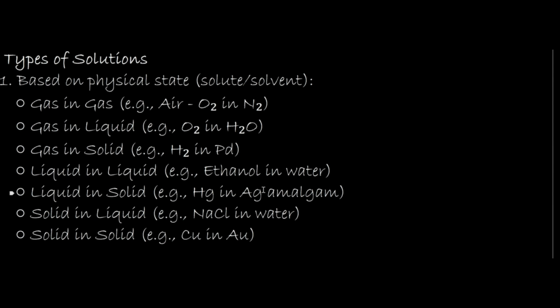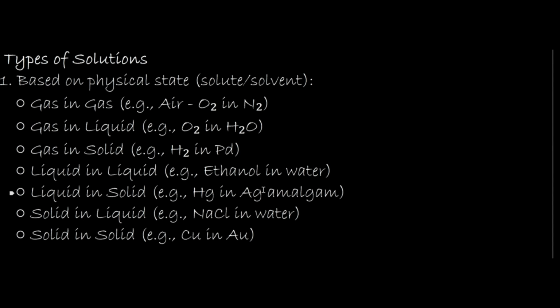Just think about the components and answer accordingly. Okay. And finally, we have solid in solid. Alloys, right? We are mixing gold with copper, or gold with silver, to prepare an alloy, to prepare jewelry. So that is a type of solution of solid in solid.